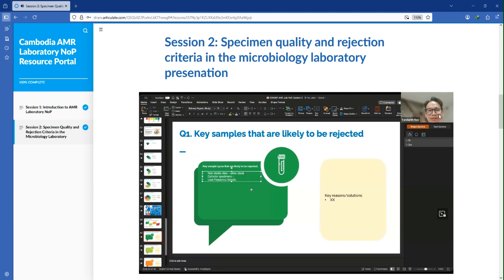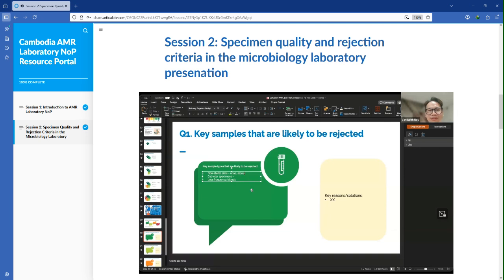Blood culture, we will reject if we contact the clinician first and the clinician cannot provide more information regarding the specimen, like if the label on the bottle is not correct with the patient requested.